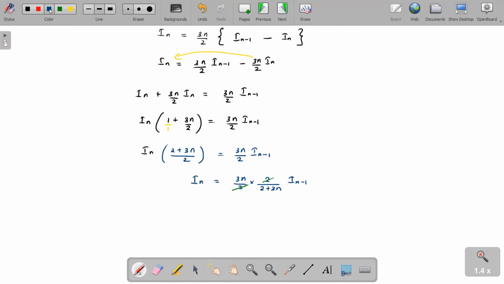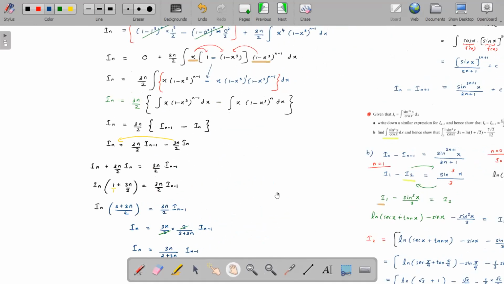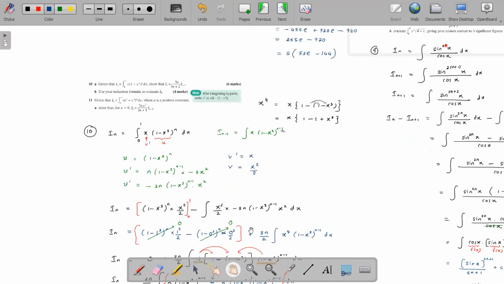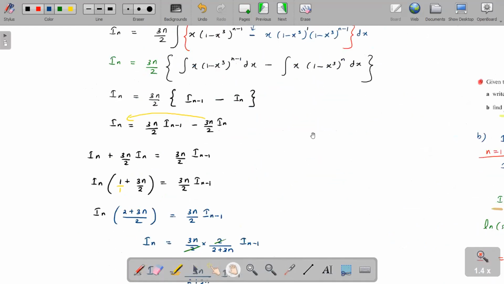And I think we can show that, right? 3n over (2 plus 3n) I_(n−1). This was our show that. Then they asked me to use our reduction formula to evaluate I4. So let's use the reduction formula to evaluate I4.